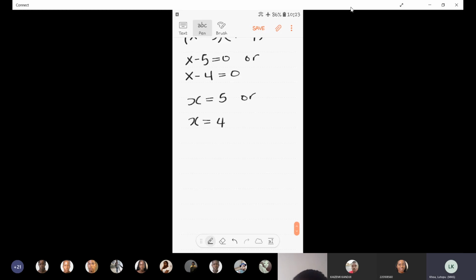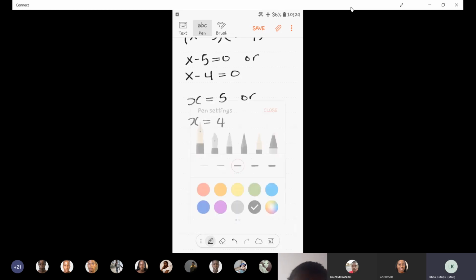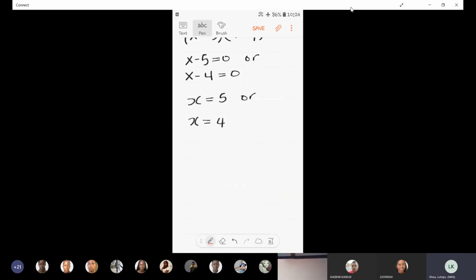Then again, you always need to check, see if your solutions are valid. So you need to check. I will start with x is equal to 5. If x is equal to 5, on the left hand side, what I have is x plus the square root of x minus 4.